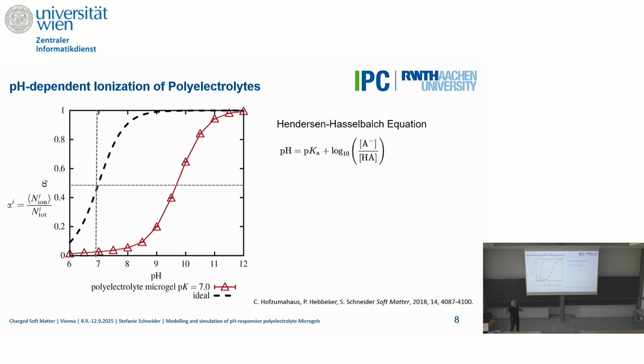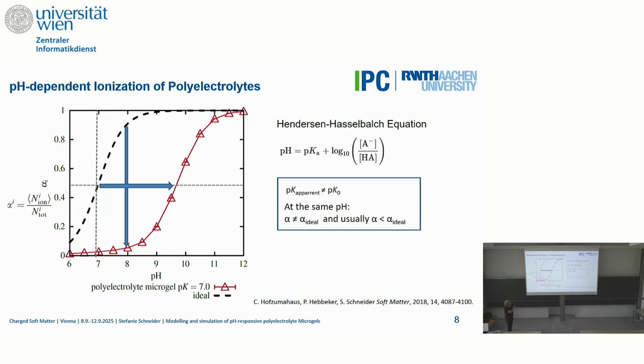And if you connect several monomer units to a chain, the more the chain is charged, the more difficult it gets to ionize the next monomer. So we actually see a shift of the pK value, which is where half of the monomer units are charged, for acids to a higher pH, or if you look at one certain pH, you see a strong decrease in the ionization.